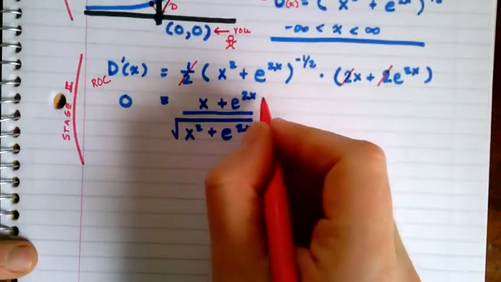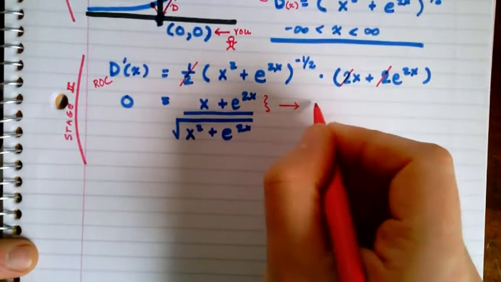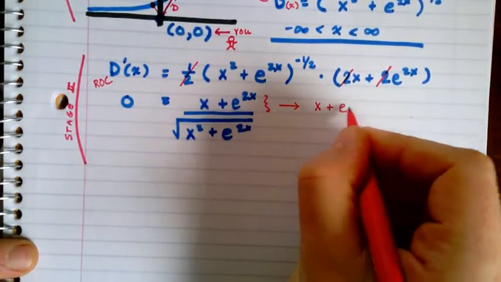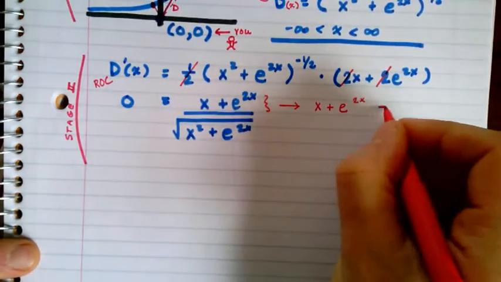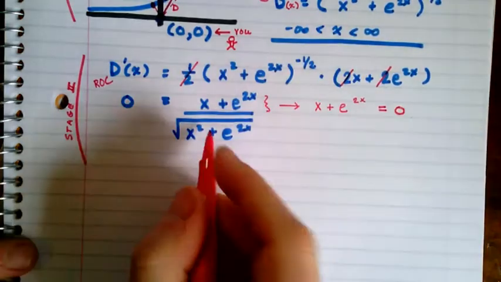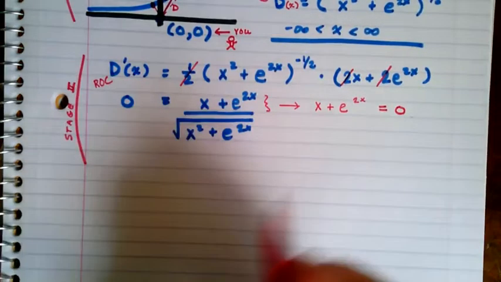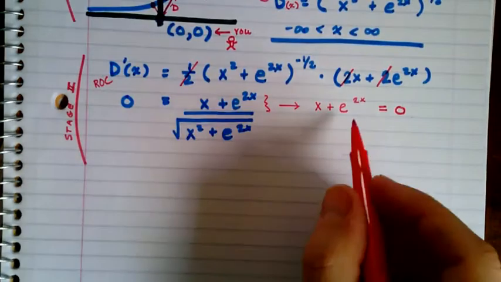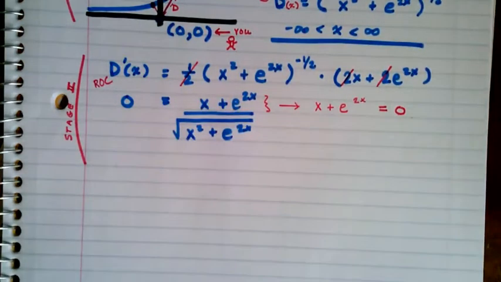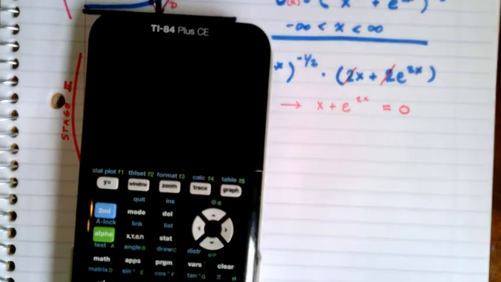And we know that this will be 0 when x plus e to the 2x is 0. The denominator is always going to be positive. At this point, this is an equation that you can't solve using algebra, so you're going to have to use your calculator.